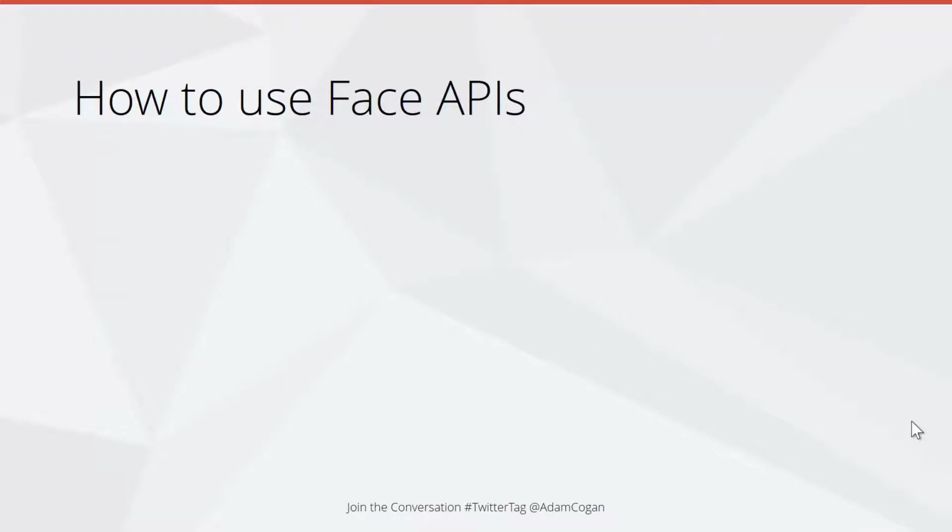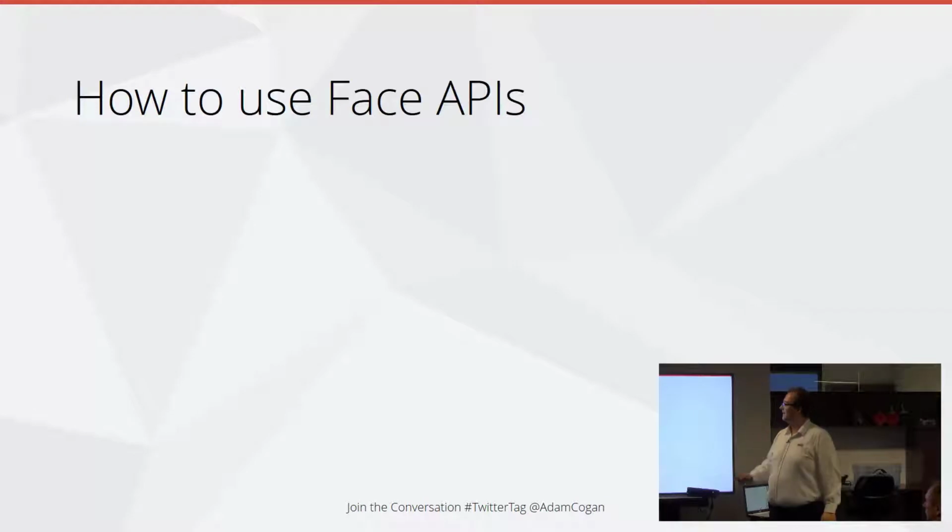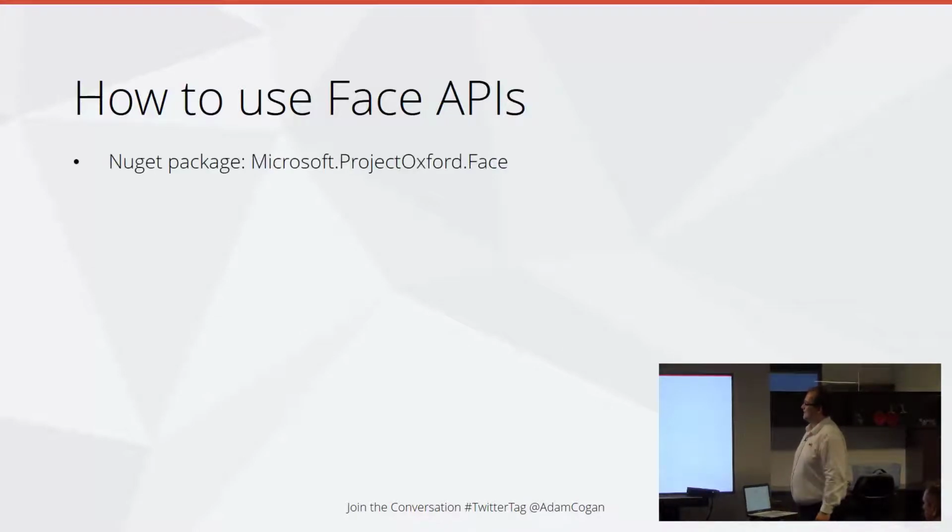And here's a really quick run-through of how to use the Face APIs. You usually get this in 30 minutes, but it's super simple. The easiest way is to use C# and that NuGet package. How many of you are using C#? So roughly half of the room.